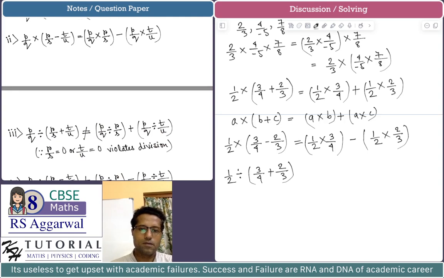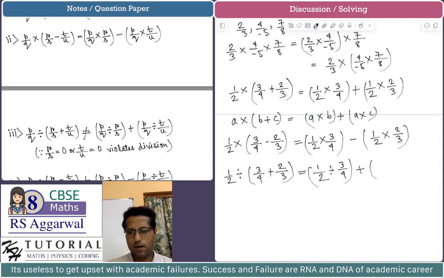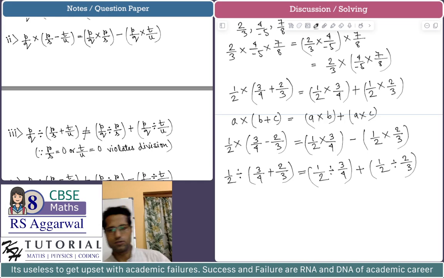Now, as you can see in this example, half divided by the result of 3 by 4 plus 2 by 3, you can see that I can indeed write it as half divided by 3 by 4 plus half divided by 2 by 3. But why is it said that division is not distributive over addition or subtraction?